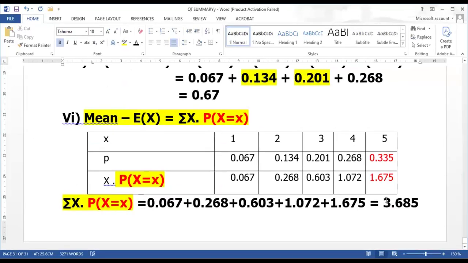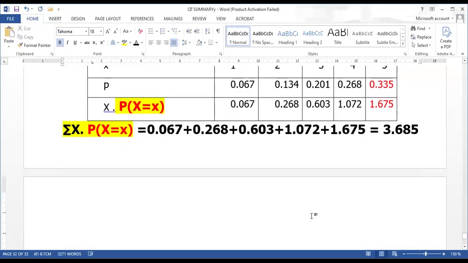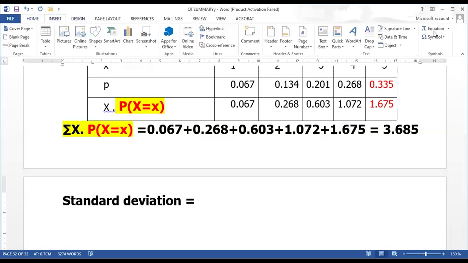Is that hard for you? Then standard deviation. Standard deviation is the square root of variance. But how do we get variance?